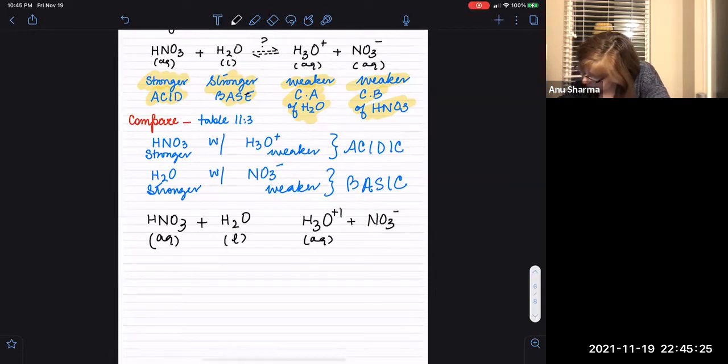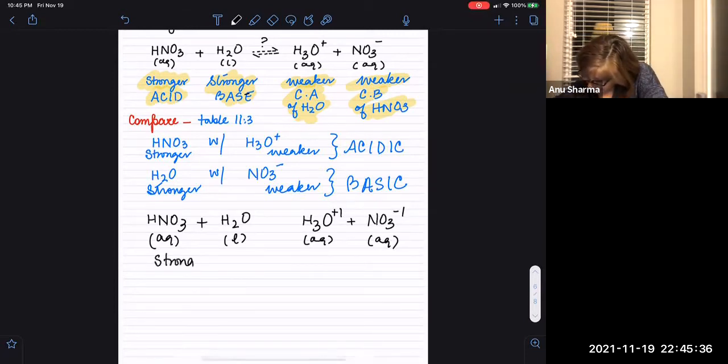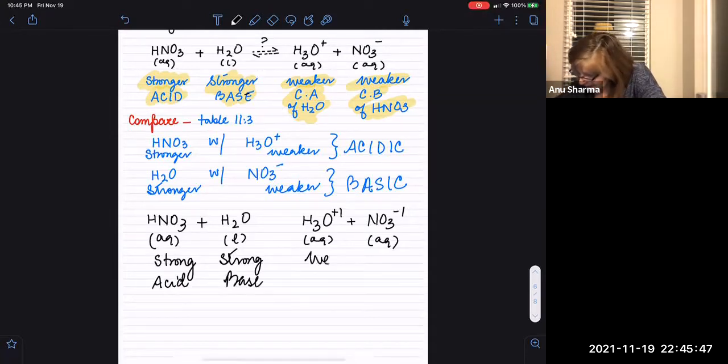Okay, this is plus 1, this is 1 negative. All right, so we said that this is strong. This guy is also strong. This is a strong acid. This is a strong base. This is comparatively weaker.